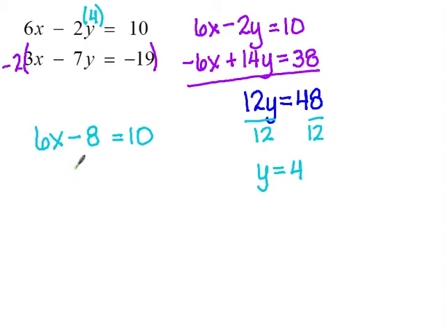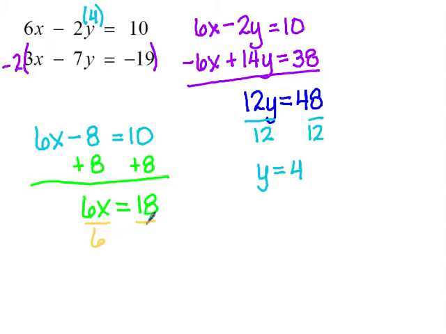So now what do we do? Add 8. And I get 6x equals 18. Very good. What do you do now? Okay, divide by 6. And x equals 3. So what does my ordered pair look like? 3, 4.